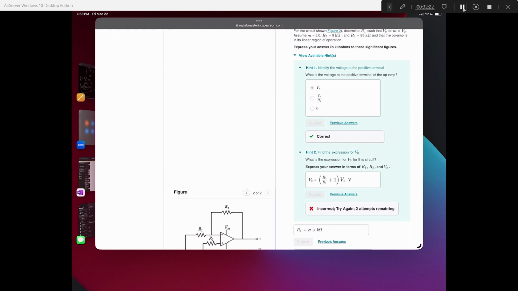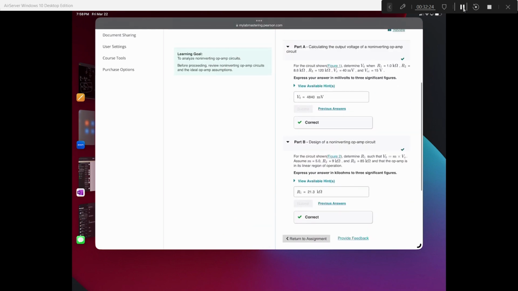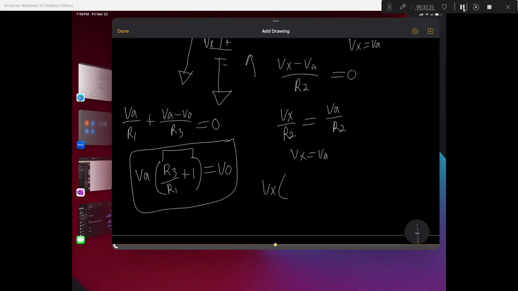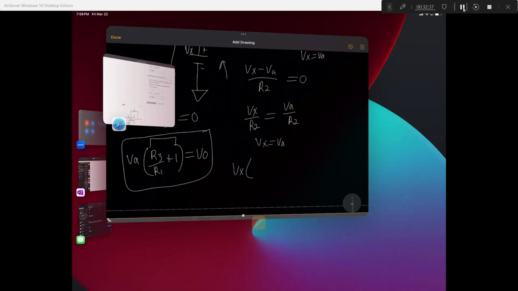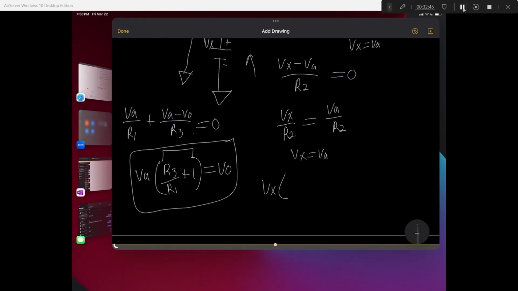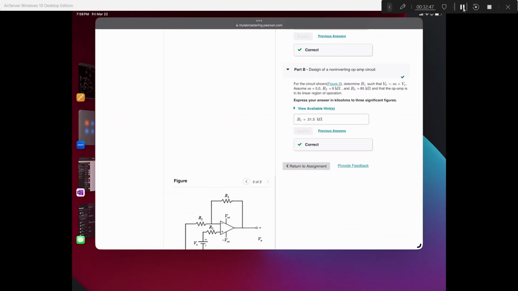That's our expression. They give us R3, we need to find R1, and they also give us R2 and M. And M is equal to 5.